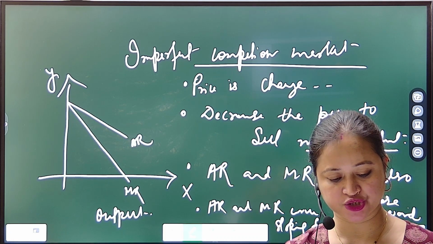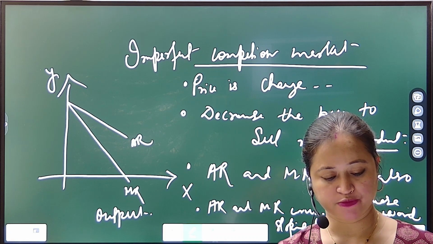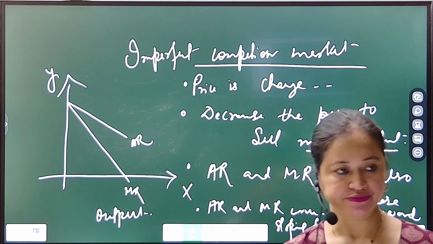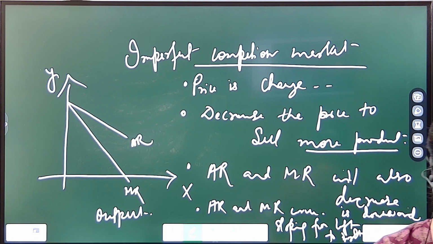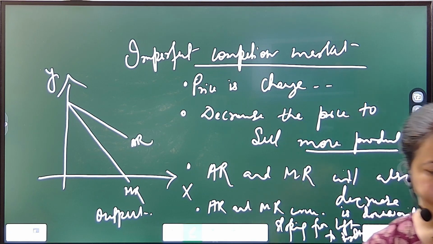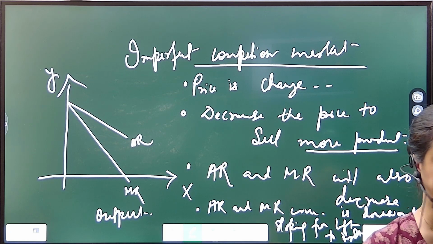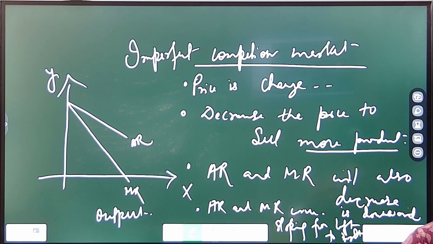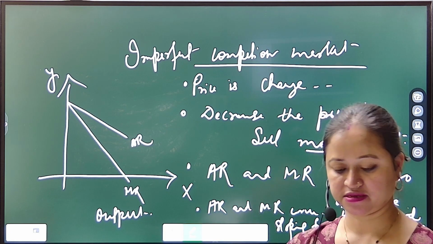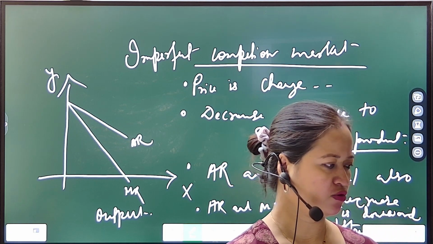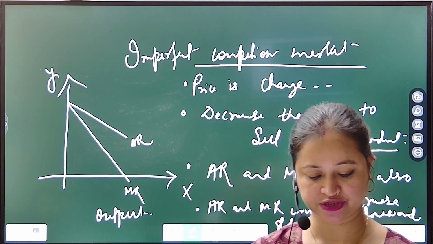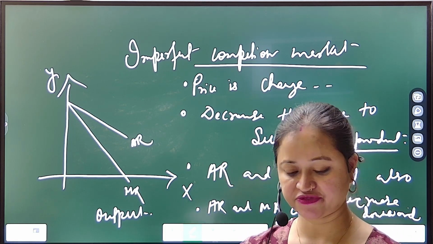Price differentiation, homogeneous product, normal profit in short run, single buyer. In perfect competition, it is homogeneous. Then in a monopolistic competitive market, single buyer? No. Yes, product differentiation.